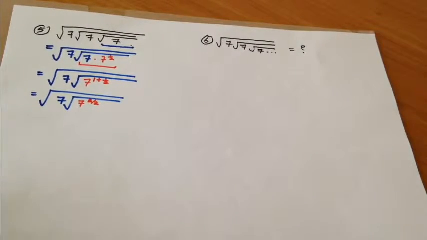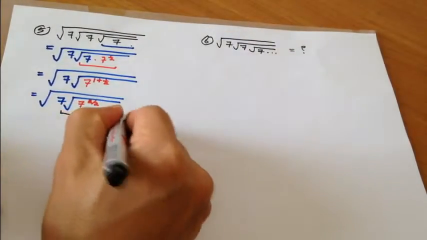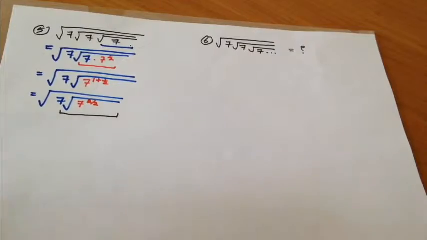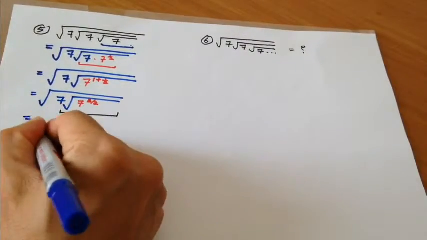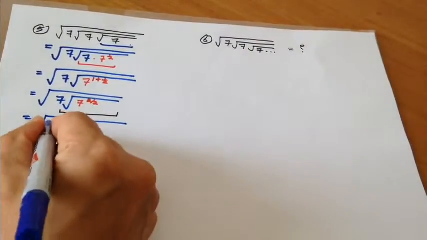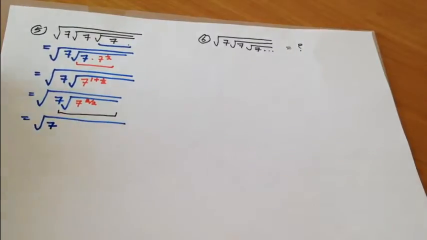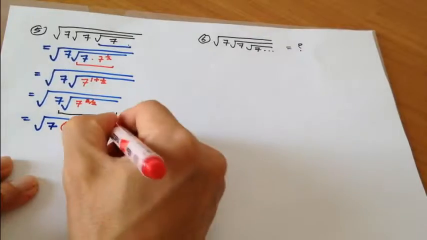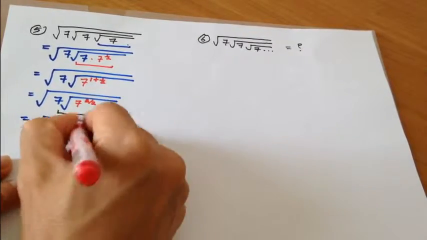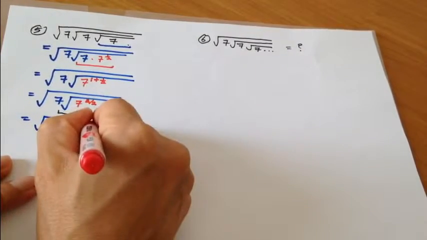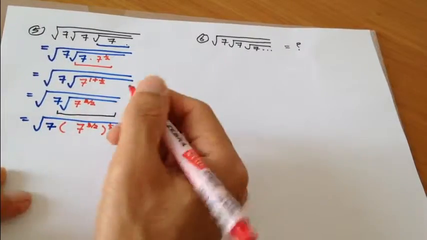So now we will change this thing inside here. That becomes square root of 7, and then the square root now is changed into a bracket with power half, and inside is 7 raised to the power of 3 over 2.